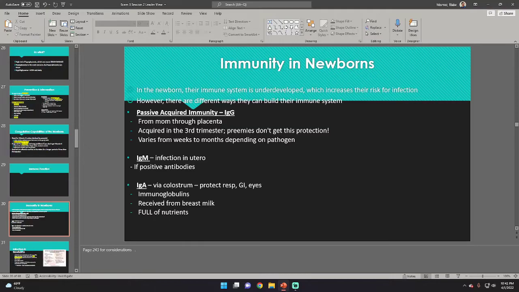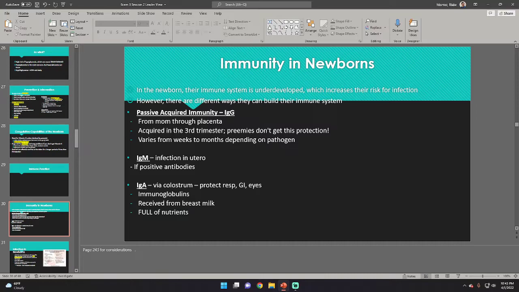Okay, immune function. When it comes to the overall immune system, of the three major types of immunoglobulins, IgG, IgA, and IgM, only IgG crosses the placenta. Therefore, infants receive passive immunity from the mother in the form of IgG near the end of gestation, also called passive acquired immunity.